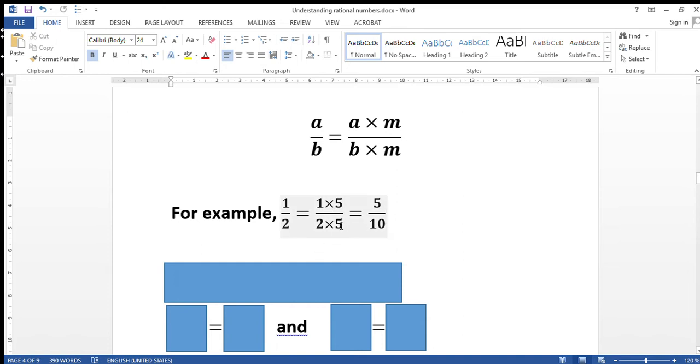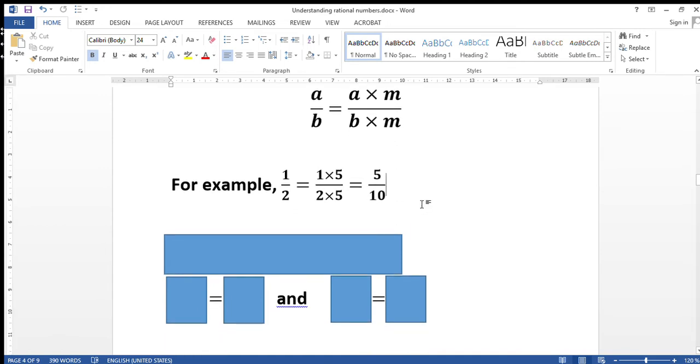We just need to multiply by 5, only if needed. So we have 1 times 5 equals 5 over 2 times 5 equals 10. But 5 over 10 here, we can simplify to the lowest term. It returns us to 1 half. See, the value remains unchanged even if we multiply by the same number.